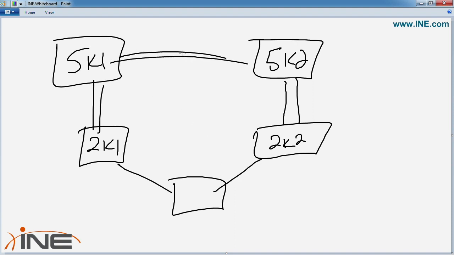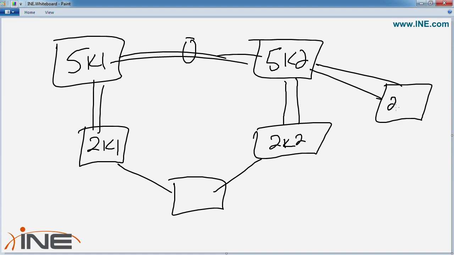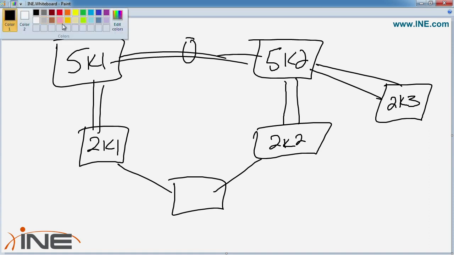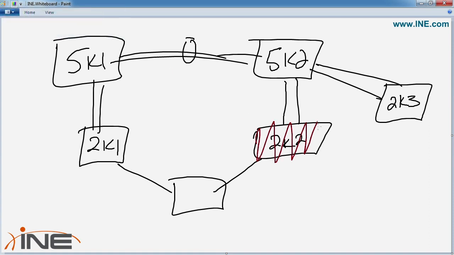What's going to happen is that, let's say we have another member out here, another fabric extender that's part of a different FEX, so 2K3. If this fabric extender goes down, this now counts as an orphan.